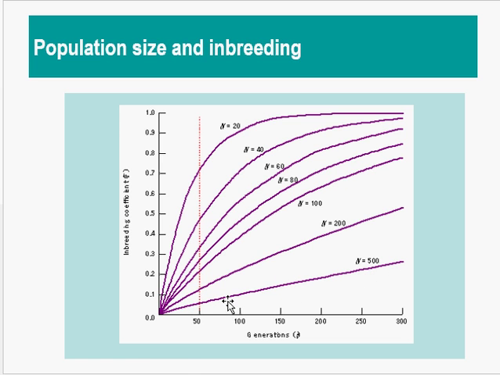But if you have a very small effective population size, the population will become inbred very quickly. So this is the inbreeding coefficient F, so that's the amount of heterozygosity lost compared to a Hardy-Weinberg formula. So with large population sizes, the amount of heterozygosity doesn't get lost so quickly. With small population sizes it gets lost very quickly. So effective population size causes a population to become inbred very quickly.